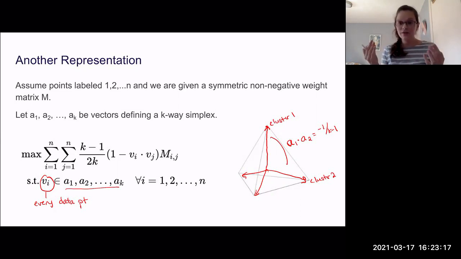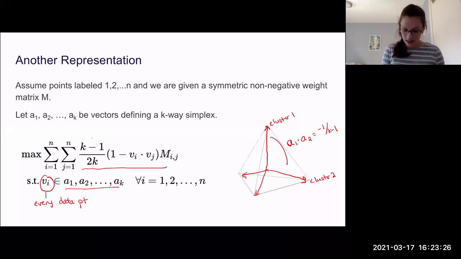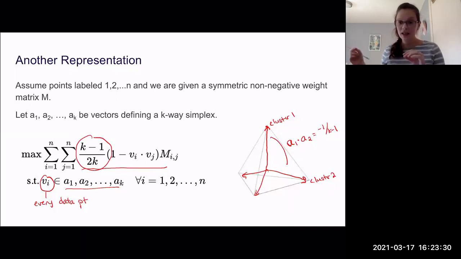Then my objective function of maximizing the weight of points not in the same cluster can just be written in this linear way, where this is just ensuring that because I have this -1/(k-1), I get the proper scaling if they're in the same cluster versus not the same cluster.